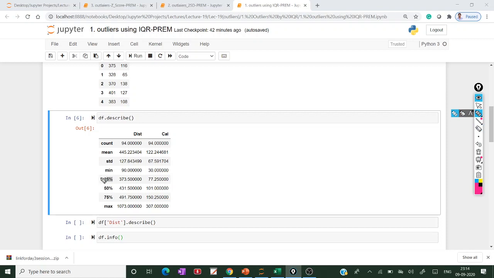This 25th percentile we call quartile 1, the 50th percentile we call quartile 2, the 75th percentile we call quartile 3, and this is the maximum value, and this is the minimum value. So 94 is the number of observations, the number of records, and this is the standard deviation. This is the statistical information of the data set.